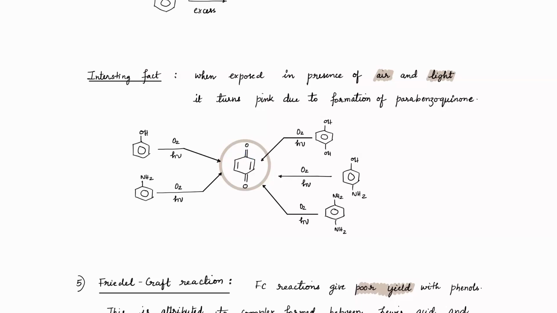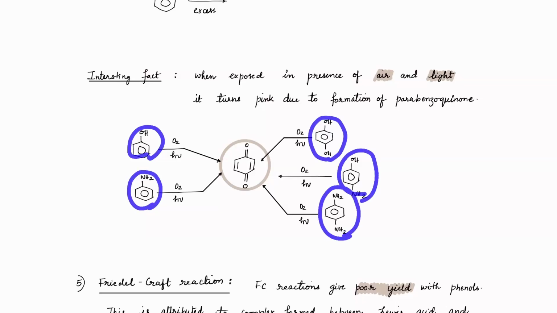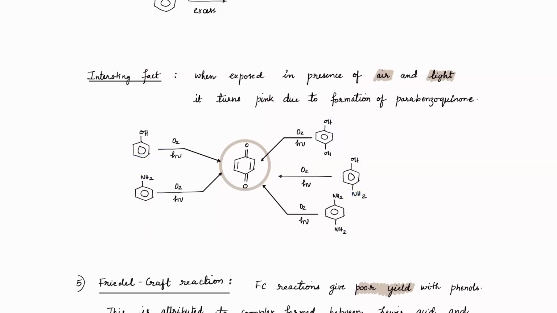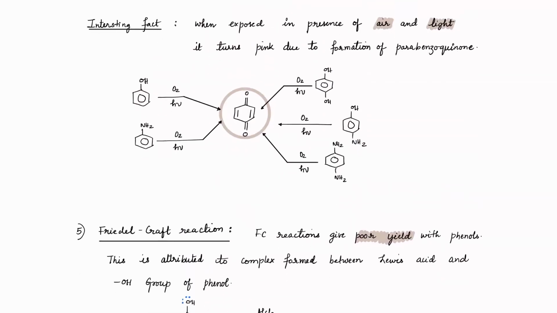Similarly, not just the phenol form, even if you have aniline, even if you have OH and OH, or OH and NH2, or NH2 and NH2, in any of these conditions where you have OH and NH2 in that position, you'll always get the quinone form. So if all of you got that, check.